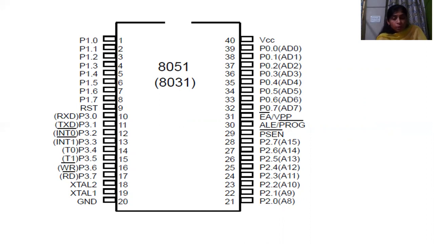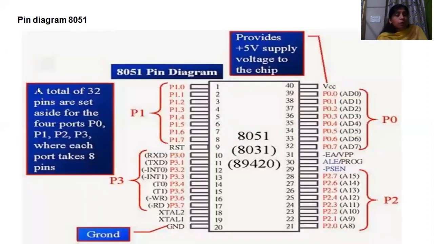A total of 32 pins are set aside for the 4 ports P0, P1, P2 and P3, where each port takes 8 pins, so a total of 32 bits.